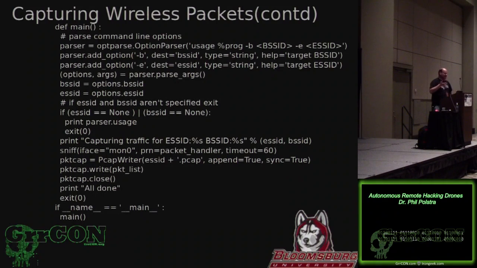You can set it to just one BSSID and one ESSID. It's pretty much just going to sniff these packets, and it's going to write them using this pcap writer function. So it'll write them as a nice pcap file that everything in the world knows how to look at, right? Wireshark, all those aircrack tools know how to deal with pcap.